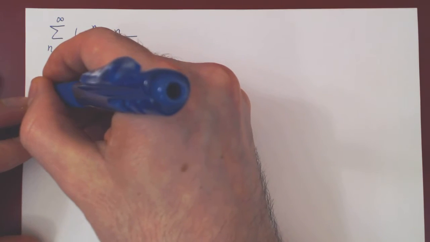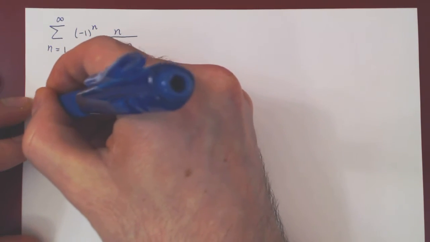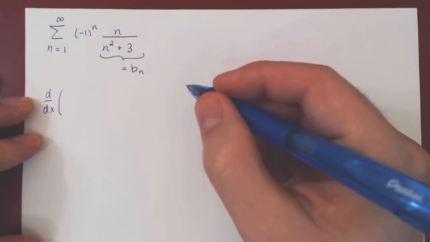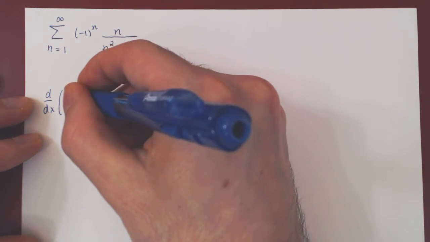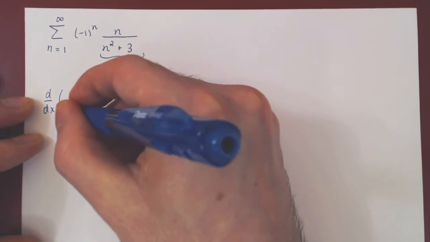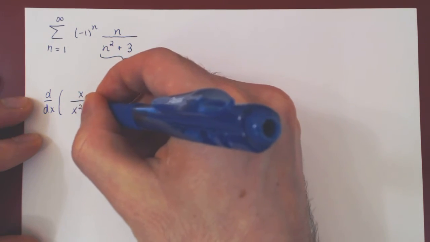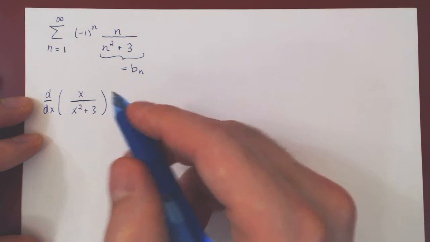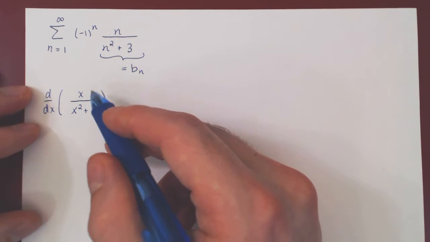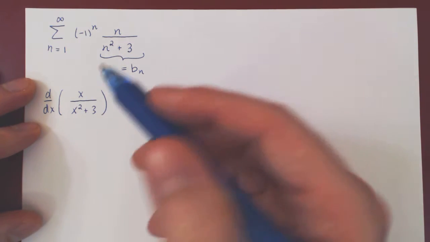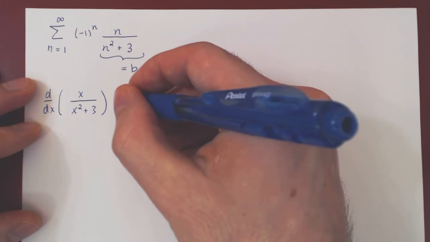So we will of course look at the derivative of the continuous analog, namely the function x over x squared plus 3. If we can show that the derivative is negative when x is large enough, then the function will be eventually decreasing and will be good to go.